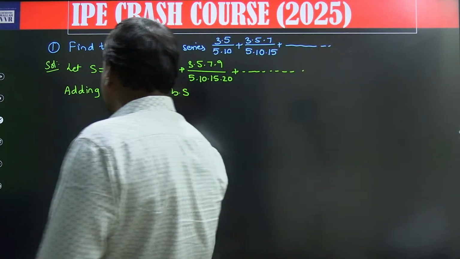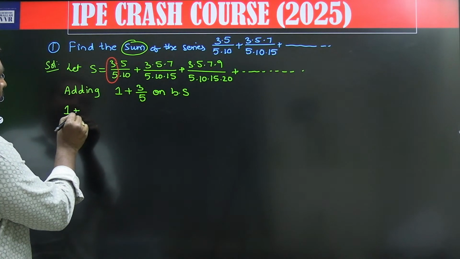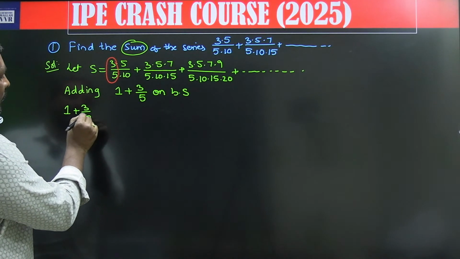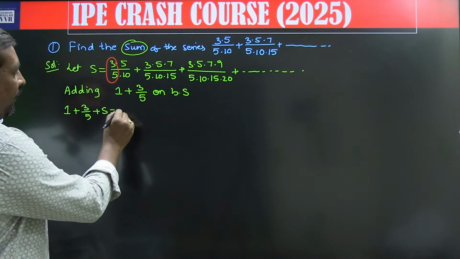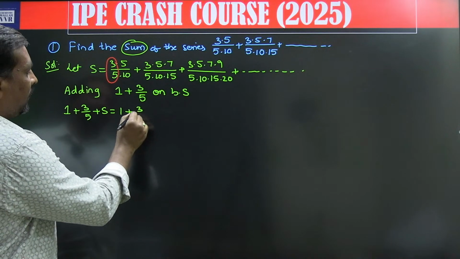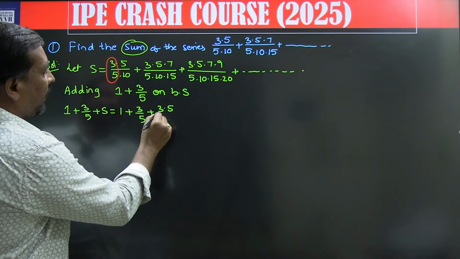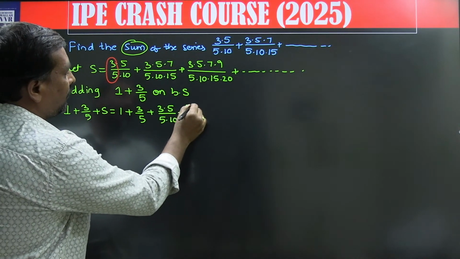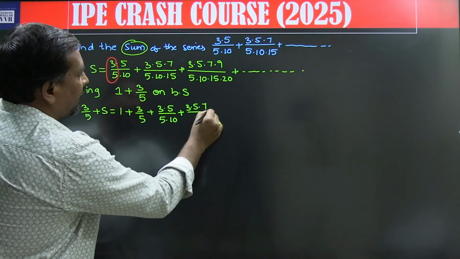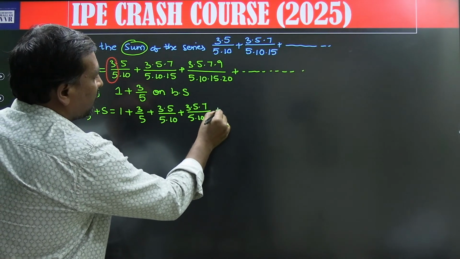So adding this value, 1 plus 3 by 5 plus S equals 1 plus 3 by 5 plus 3 into 5 by 5 into 10 plus 3 into 5 into 7 by 5 into 10 into 15 plus and so on.